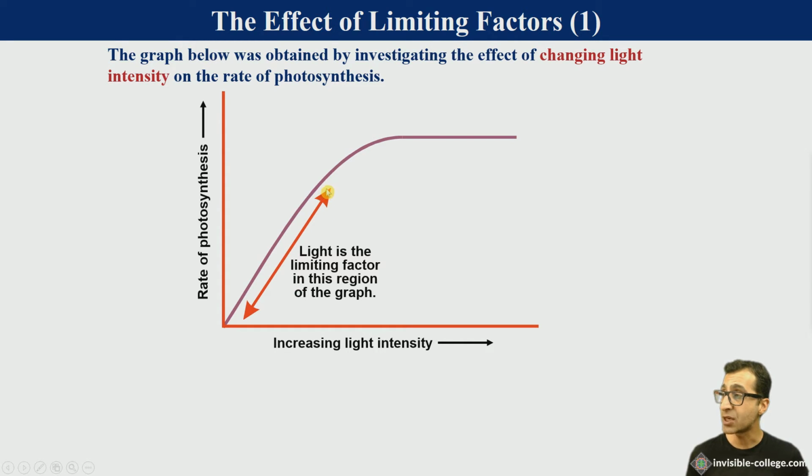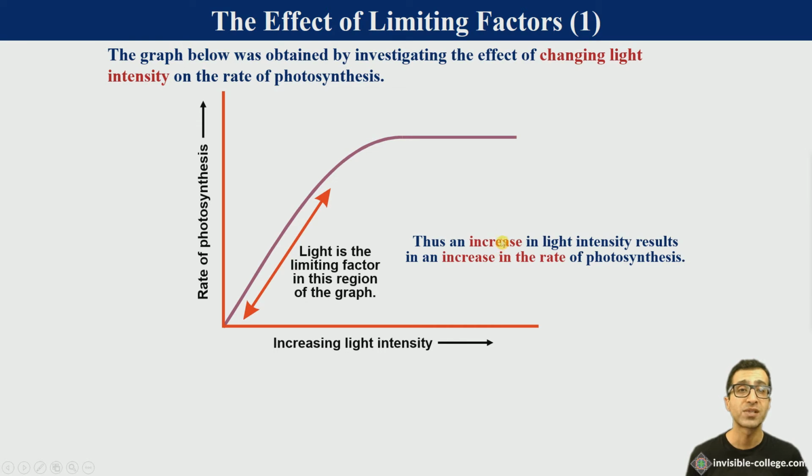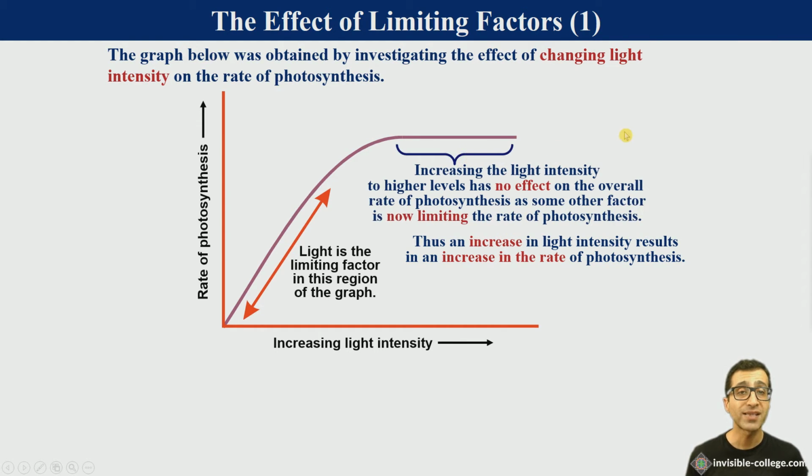But then as we increase the light intensity beyond this point, we get to here where any further increase in the light intensity does not produce any further increase in the rate of photosynthesis. So an increase in the light intensity, at least initially up to this level, results in an increase in the rate of photosynthesis. But then, at this point, increasing the light intensity to a higher level than this has no effect on the rate of photosynthesis.